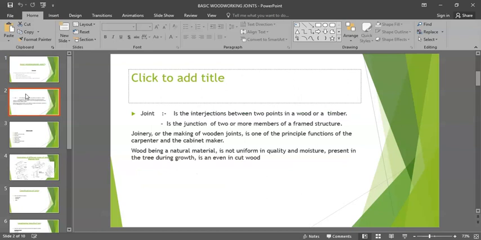Joinery, or the making of wood joints, is one of the principal functions of a carpenter and the cabinet maker. Wood, being a natural material, is not uniform in quality, and moisture present in the tree during growth is uneven in cut wood.